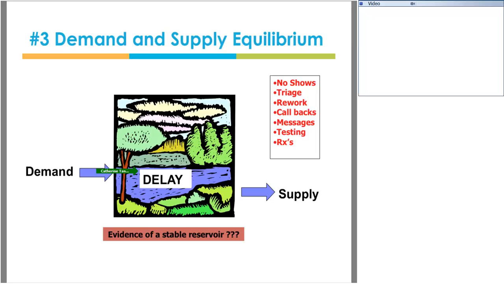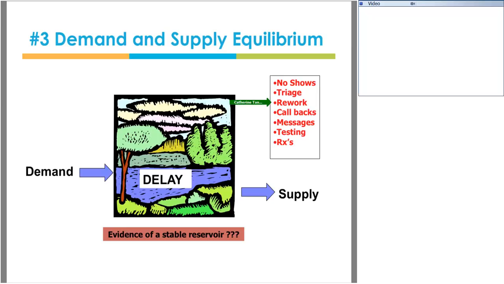The problem is that if this delay doesn't match with the patient's desire for that appointment, they frankly don't wait quietly. There's lots of things that happen, lots of rework. We know that no-shows go up. We know that there's, of course, a lot of triage that happens, sometimes more than once, as patients call back because that appointment we gave them really doesn't work for them.